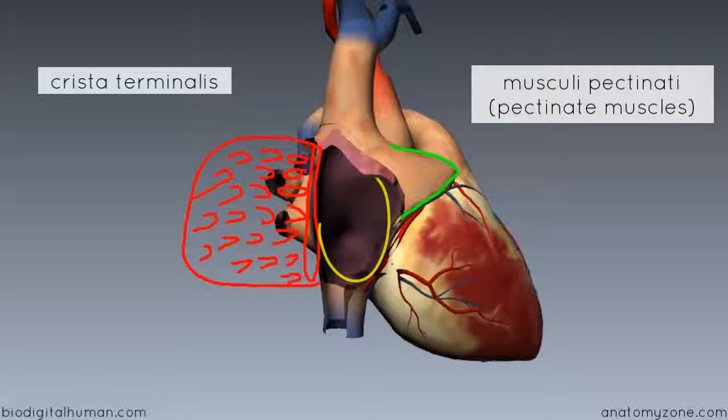So you've got this smooth posterior wall which is formed from the embryonic sinus venosus, and in the adult it's known as the sinus venarum. Then you've got this line of union internally, called the crista terminalis, a smooth muscular ridge. And anteriorly you've got the ridged muscular wall, the pectinate muscles, which extend into the right atrial appendage.